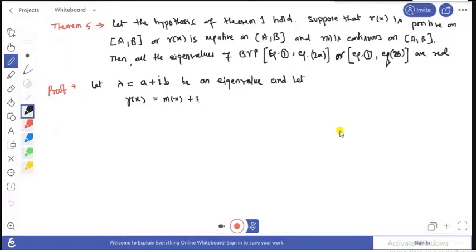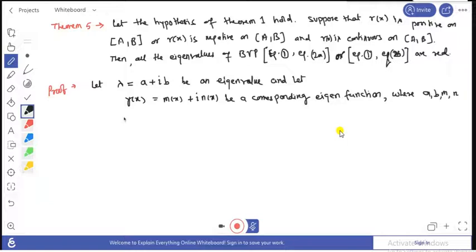So this is of this form, and this is the corresponding eigenfunction. And what are your A and B, and what is your M(x), N(x)? All are real. So here M, N are all real.